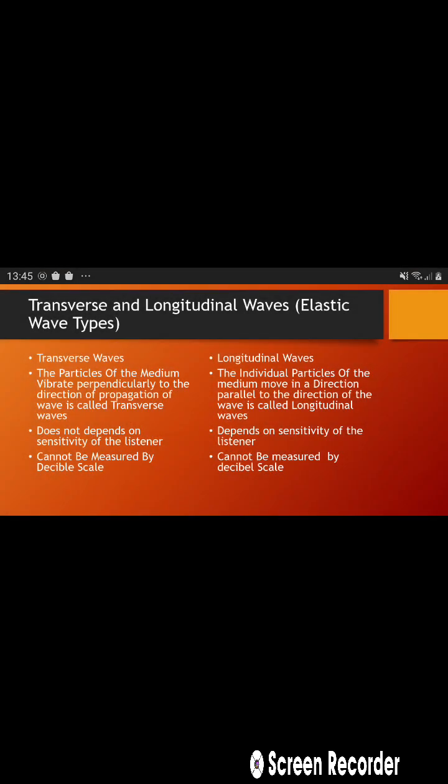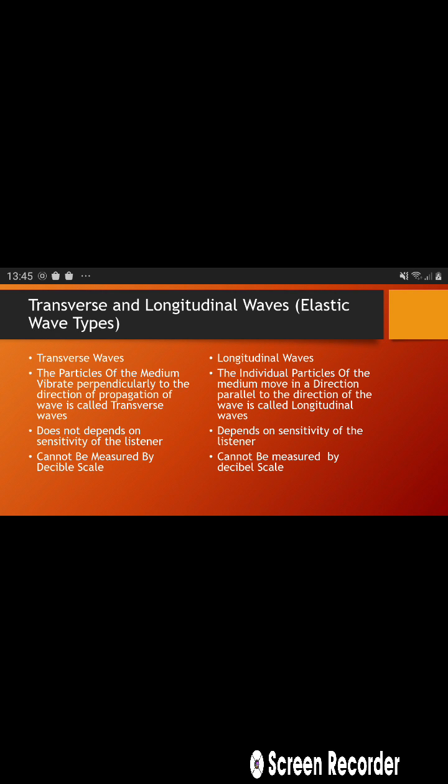Different people have different sensitivities; one person can hear a loud sound only very faintly. So it cannot be measured by the decibel scale.